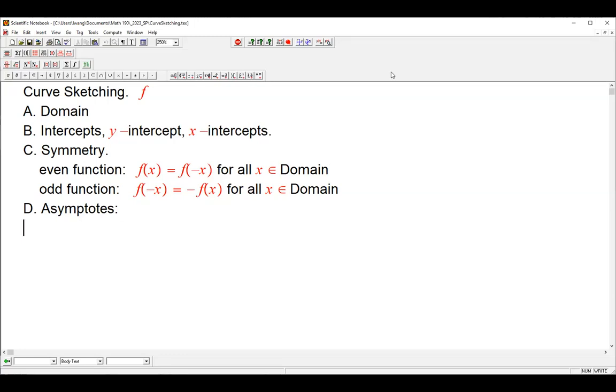For the horizontal asymptote, we will be studying limits of the function as x approaches positive infinity of f of x, and we will also be studying this limit as x approaches negative infinity. So this will help us to find the horizontal asymptote.